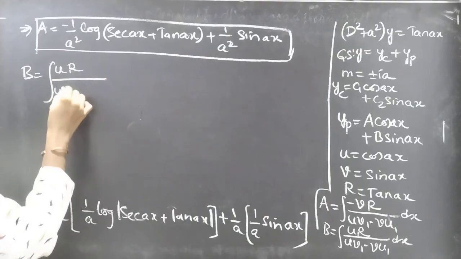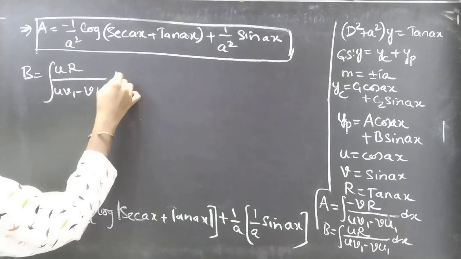integral of u r by uv1 minus vu1 into dx, right?